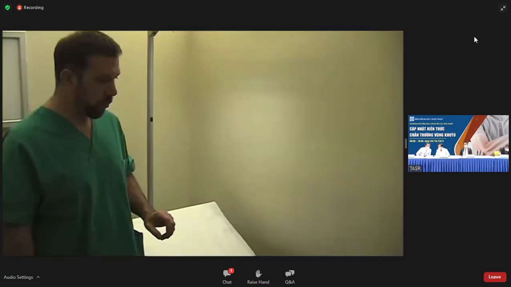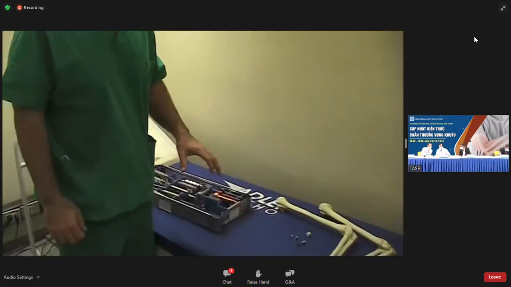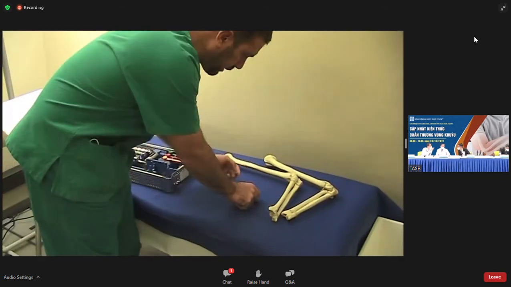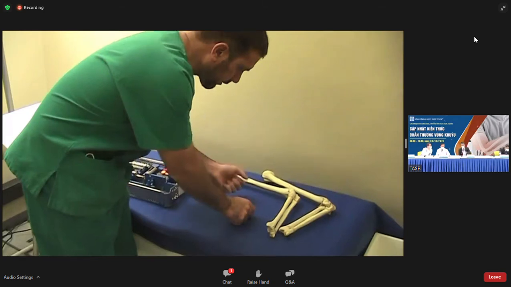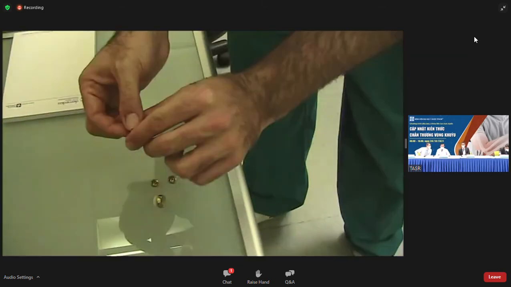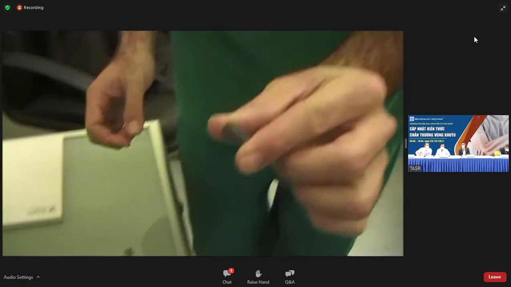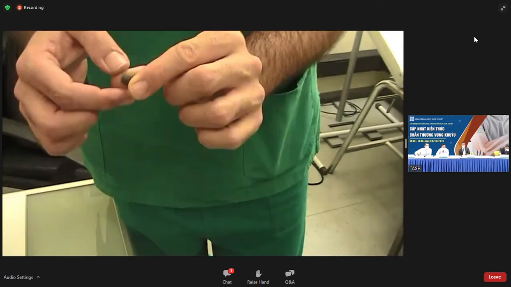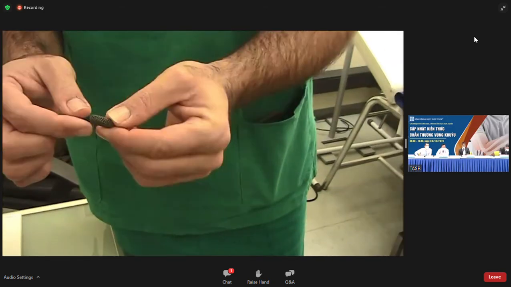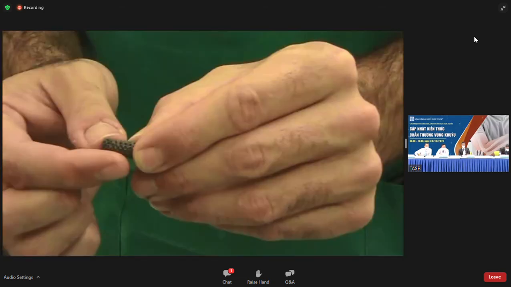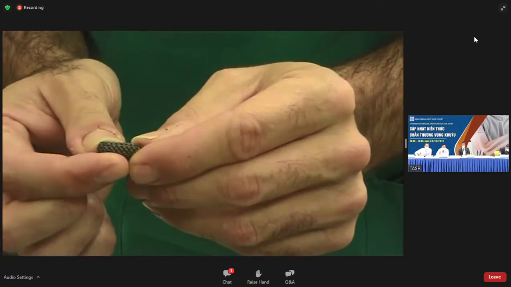So when we talk about the prosthesis, here are the pieces that are part of the prosthesis. Here is the stem, and the stem has a very peculiar condition to be completely coated with T-por, this material that is very interesting from the point of view of integration within the bone.